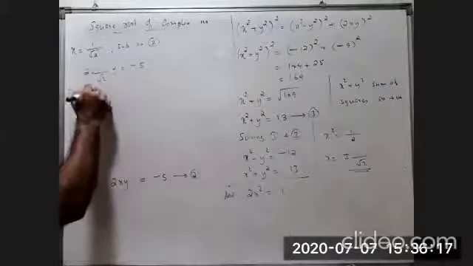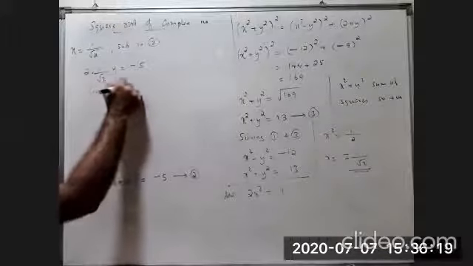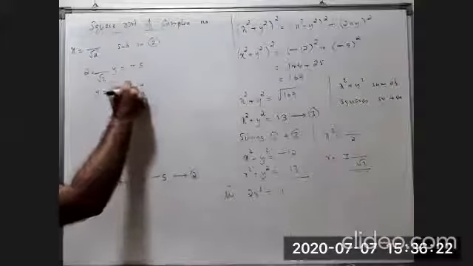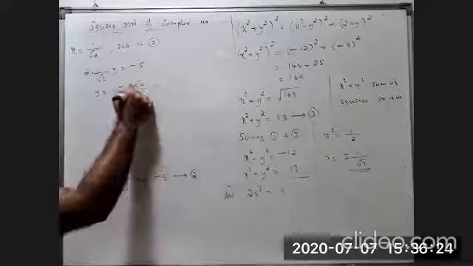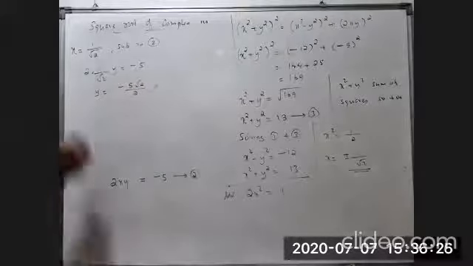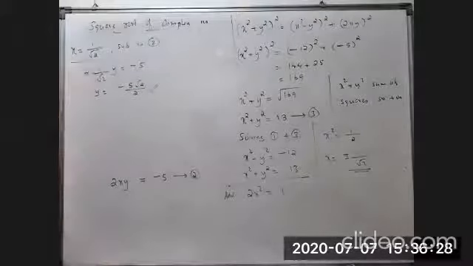Cross multiplying, y is equal to minus 5 root 2 by 2. So if x is 1 by root 2, y is minus 5 root 2 by 2.